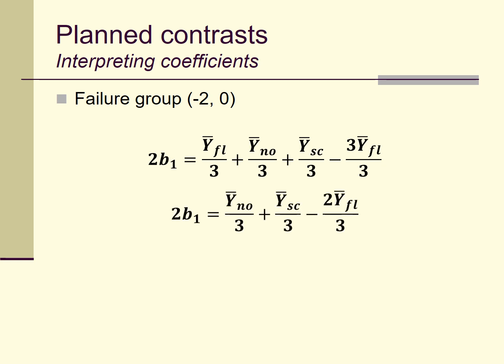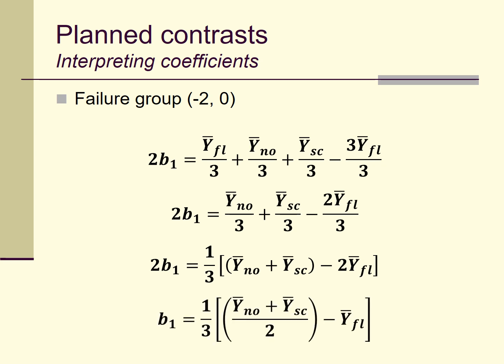We can do a little subtraction there, move the 1/3 fraction outside of a bracket, and then put little parentheses around the term for the average of the no feedback group and the average of the success group. And then I'm going to get rid of that 2 on the left side of the equation by dividing everything by 2, or multiplying everything by 1/2.